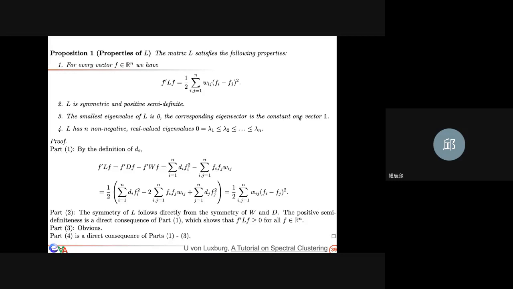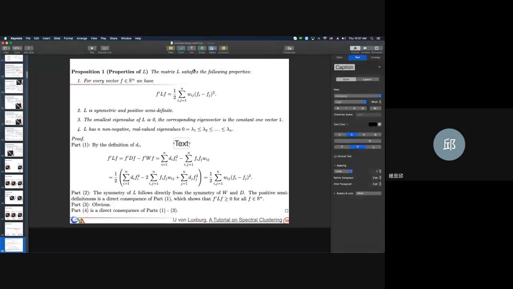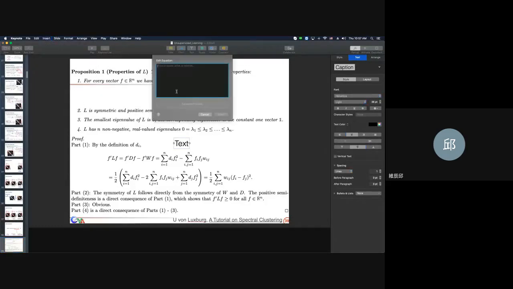If you write down the eigen decomposition problem of L, you might have the eigen decomposition problem. Let me use this. So you have the matrix L, right?